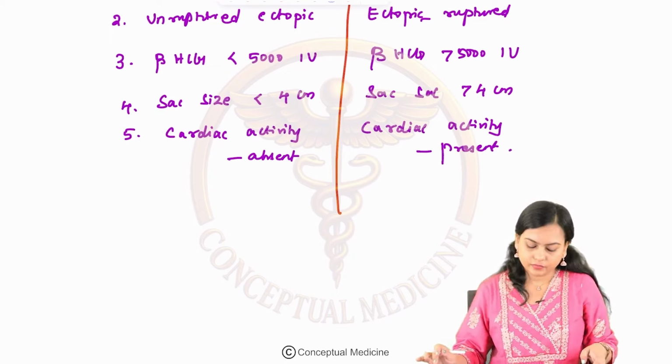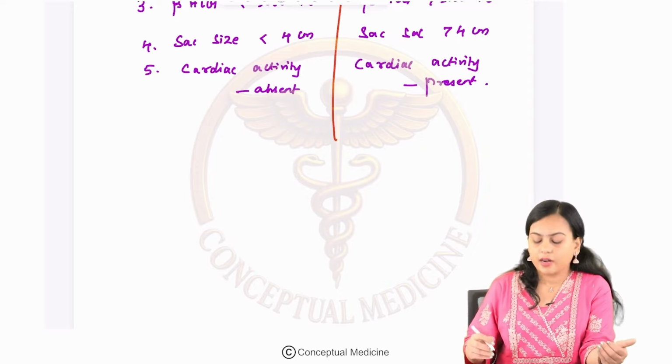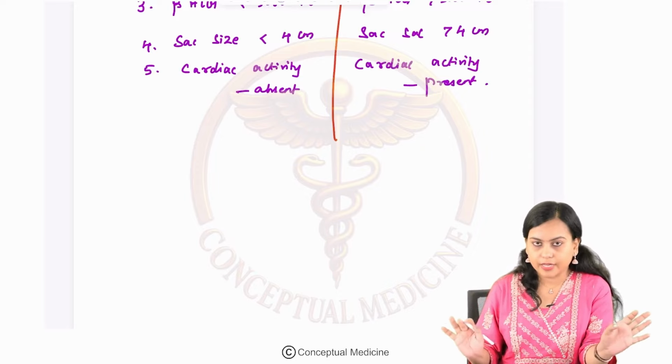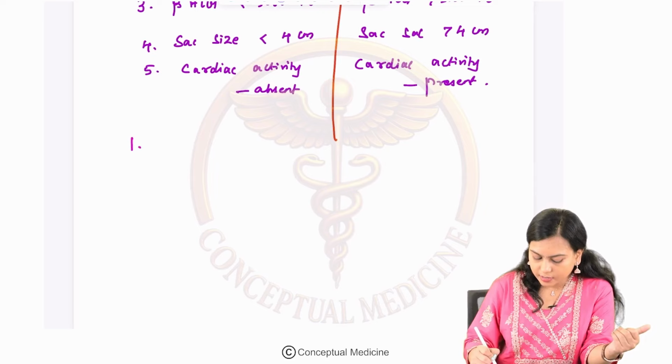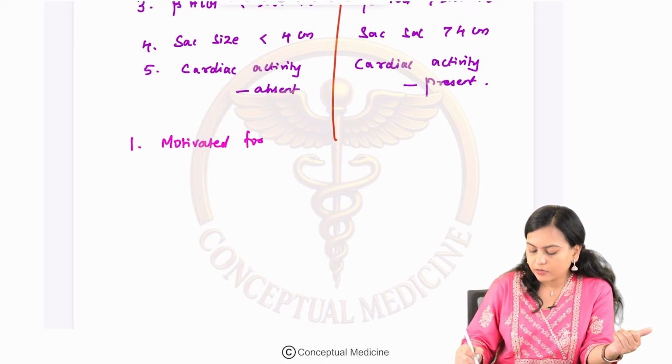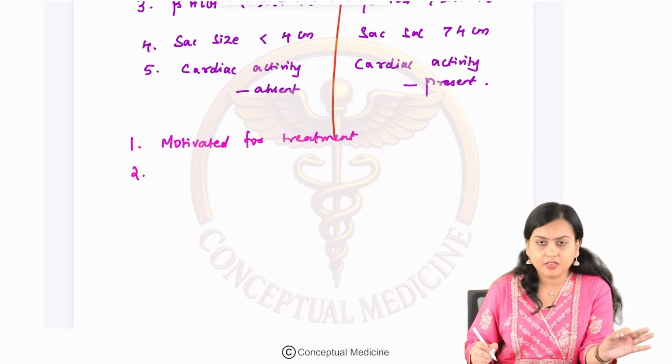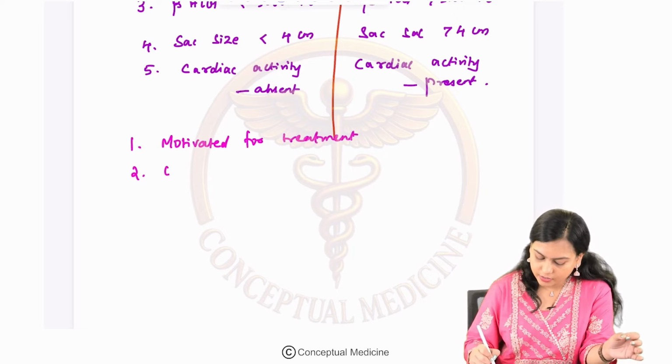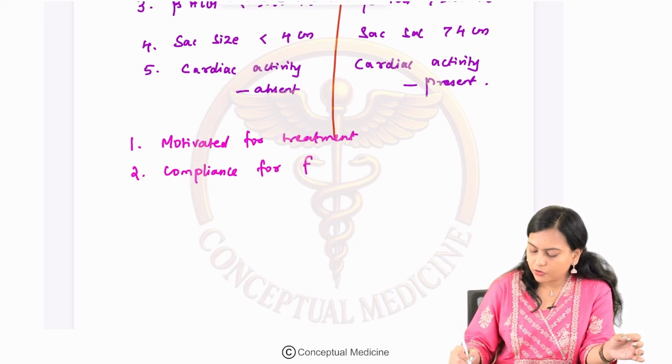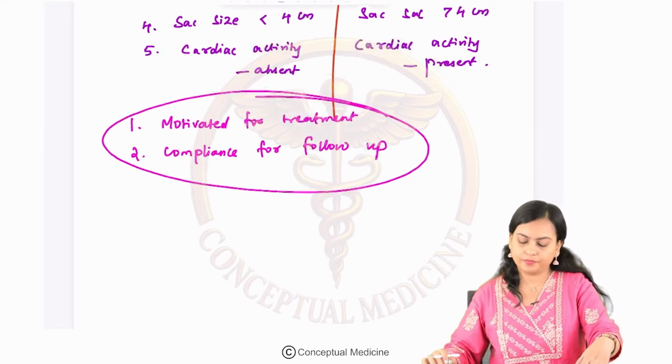Clear? And remember, two more important factors for doing medical management. One thing, the patient should be motivated for treatment. And she should be compliant enough for follow-up. So, compliance for follow-up should also be there. Clear?